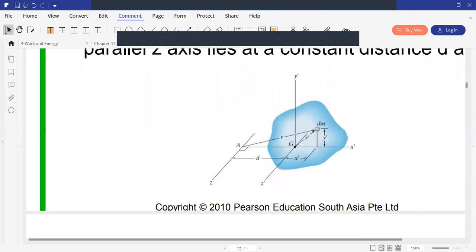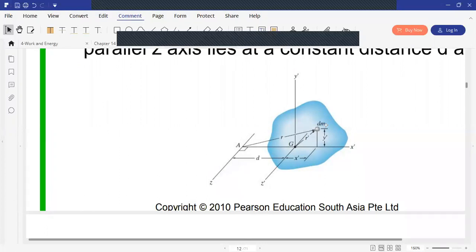Look, what is x prime square plus y prime square? In this right triangle, it's r prime square. So I can replace integral x prime square plus y prime square dm by integral r prime square dm. And what does integral r prime square dm represent?